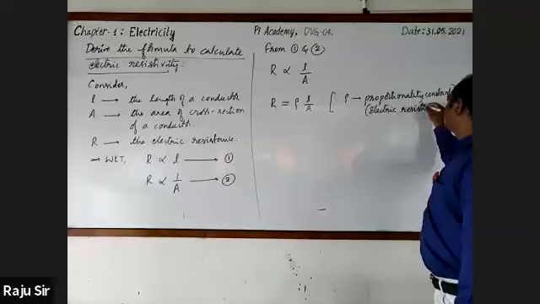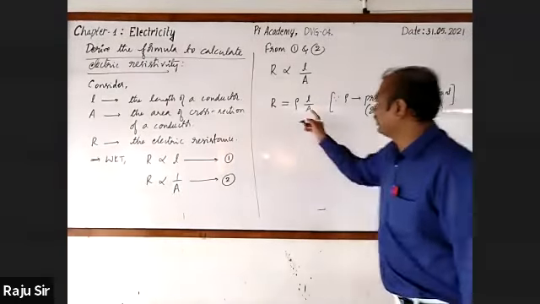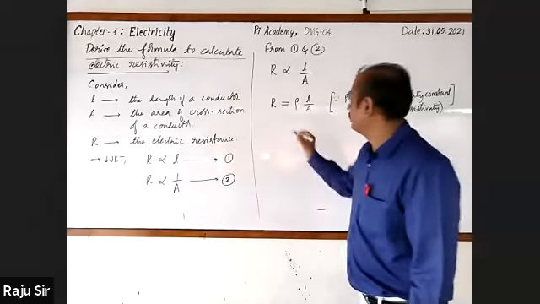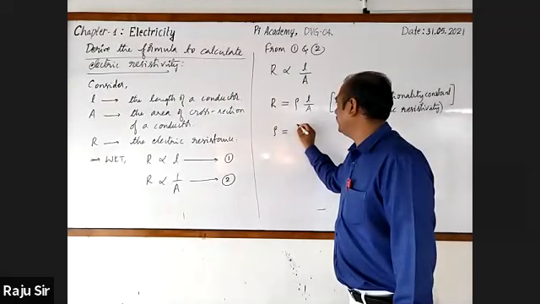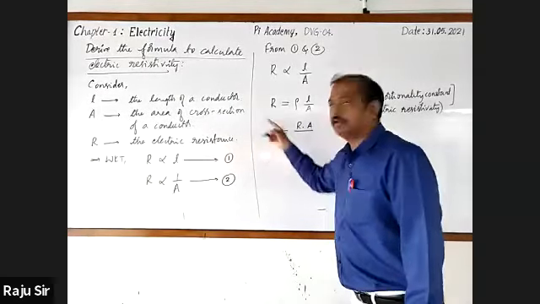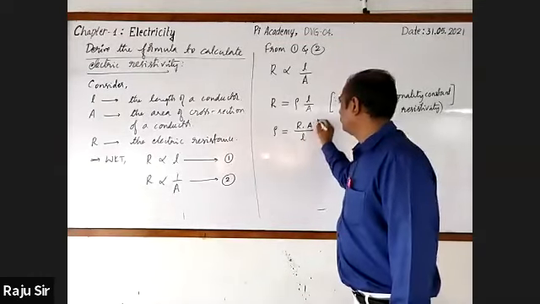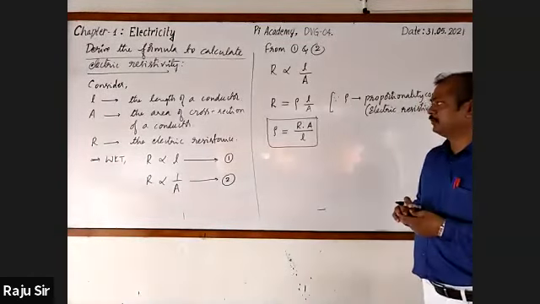Now solve for rho. On cross multiplying by A, it will be R into A, then L goes to the denominator. Rho is equal to R into A by L.